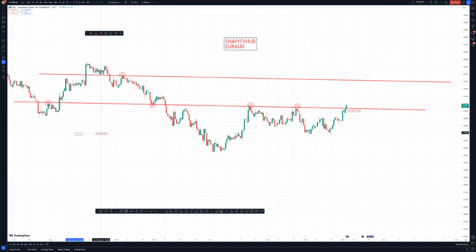Here is a supply roof. Here is a supply roof. And we have here a demand floor. There's a demand floor.